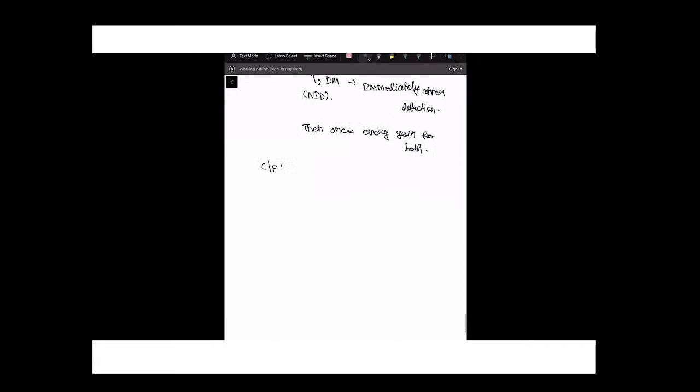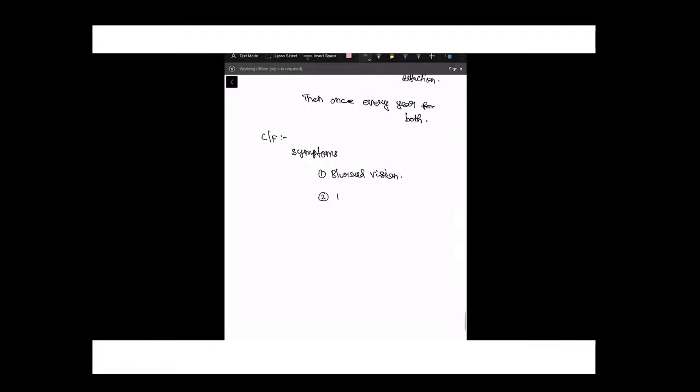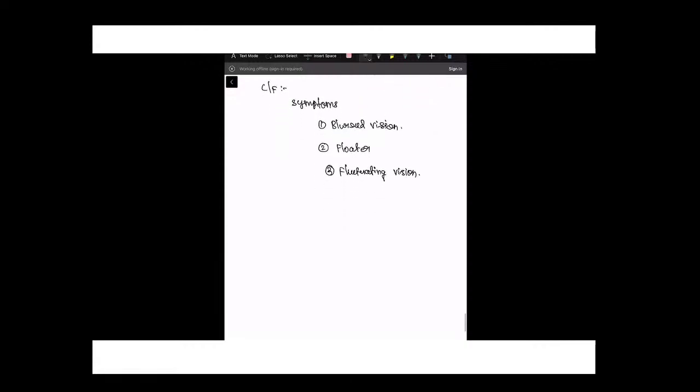Clinical features, symptoms are going to be blurred vision, floaters, fluctuation in vision, and impaired color vision.